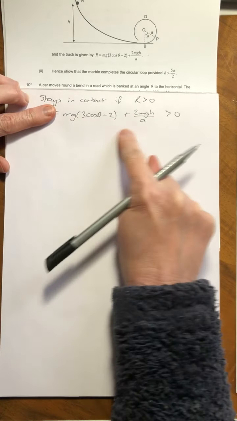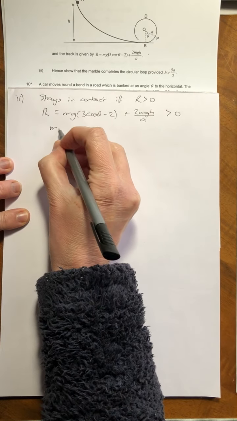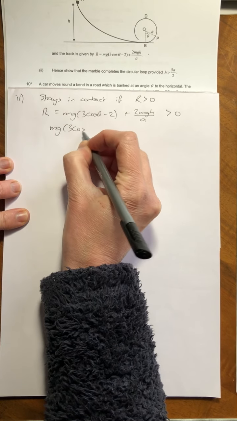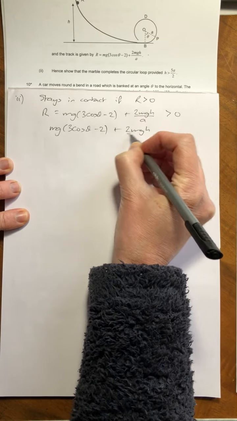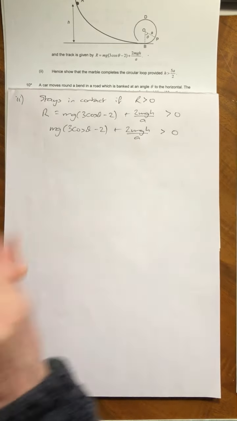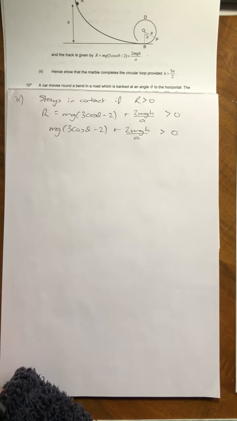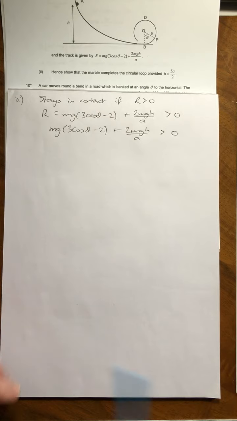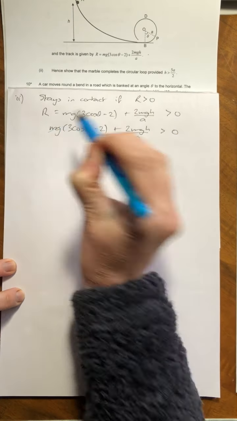And of course this expression here does contain an h, so we've got to somehow get an expression that makes h the subject of that, and an awful lot of things are going to simplify. You can see that both of those things have got an mg, so we can divide this expression through by mg. That goes.